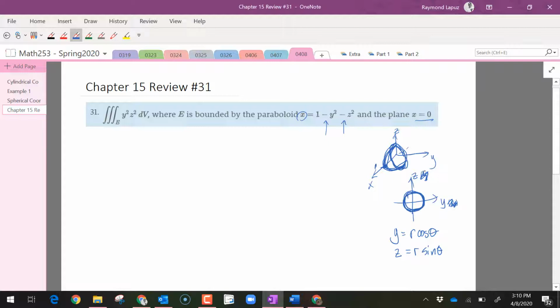Okay, so that's going to be our polar coordinate transformation, which means x is going to remain x. So the transformation is going to be x equals x, y is equal to r cosine theta, and z is equal to r sine theta. Now you could have also set z equal to r cosine theta and y equal to r sine theta. You could have had those switched.